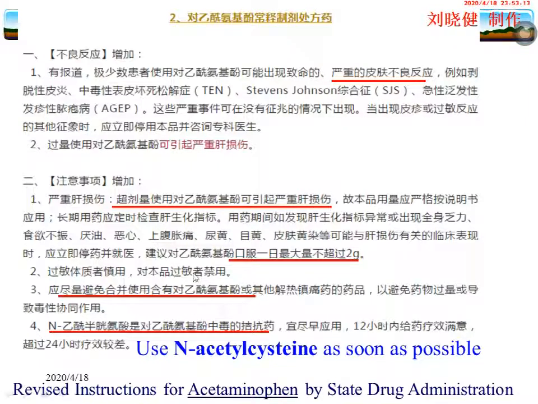So this instruction suggests that in a day, the dosage of acetaminophen should not exceed 2 grams, and also don't use this drug in combination with other compounds containing acetaminophen. Once intoxication caused by acetaminophen is diagnosed, use the specific antidote, N-acetylcysteine, as soon as possible.